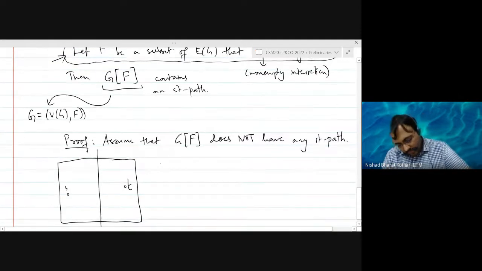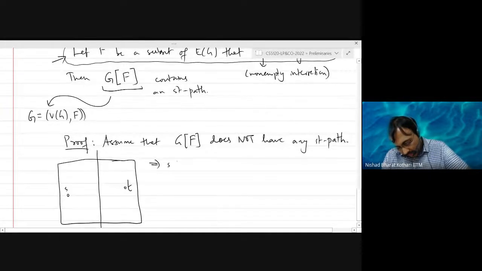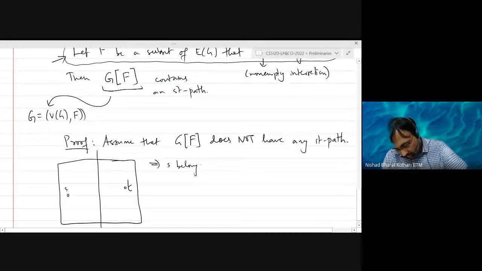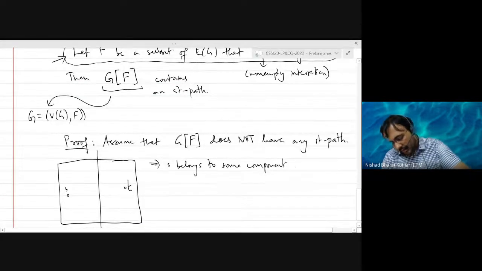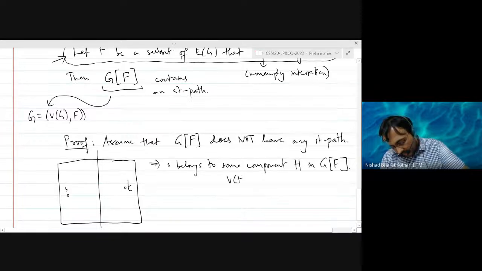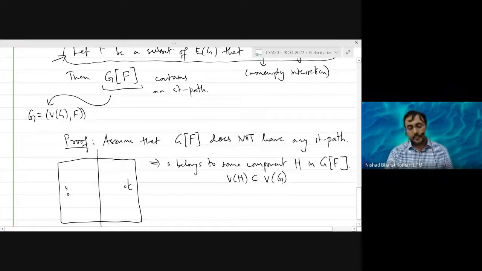So this implies that S belongs to some component H in the graph formed by these edges, right? And in particular, the vertices of H are a proper subset of the vertices of G, right?